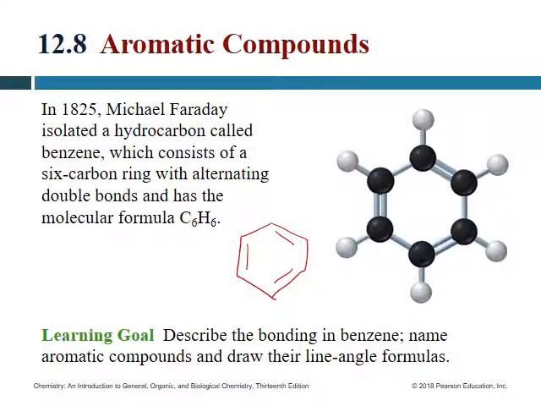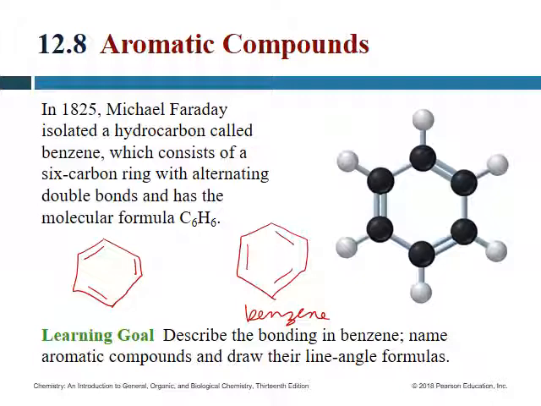This is called benzene. You could draw it like this, or you could draw it in this form where the double bond starts here, double bond, single bond, double bond, single bond, double bond. Anything is acceptable, okay, as long as they are alternating double and single bonds. It is called benzene, and any compound that consists of this structure is called an aromatic compound.